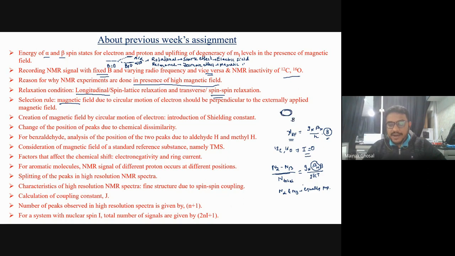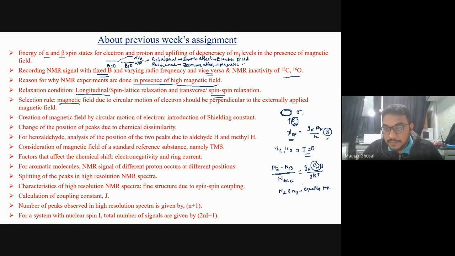To be NMR active, the external magnetic field should be perpendicular to the magnetic field created by the movement of electrons. The magnetic field experienced by the nuclei was B initially, but the movement of electrons creates another magnetic field.